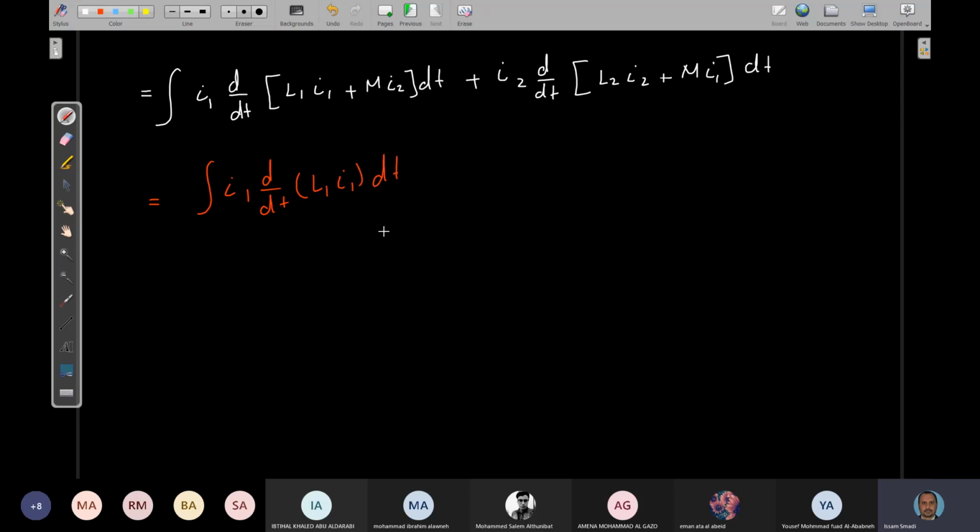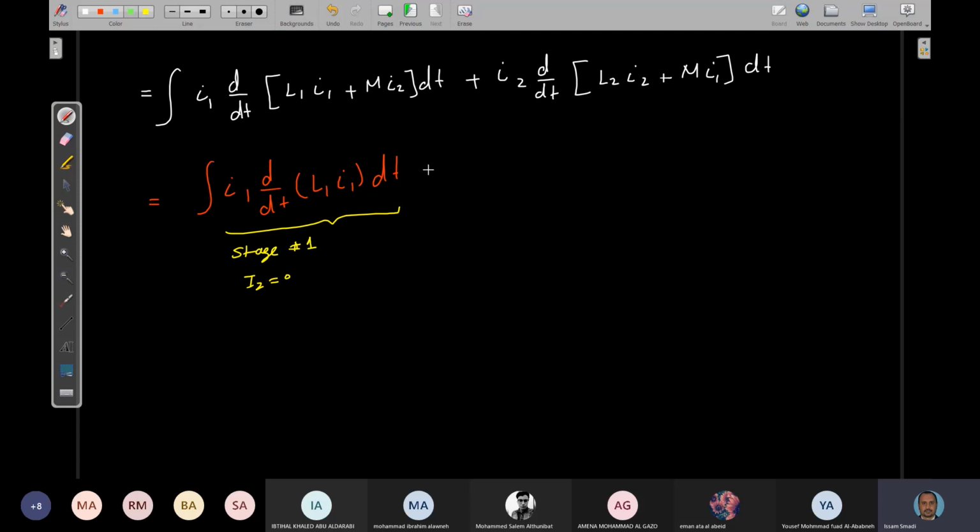And this one is due to stage number 1, where we assume that I2 is equal to 0, and I will evaluate the integration as I1 is changing from the initial value to its final value.